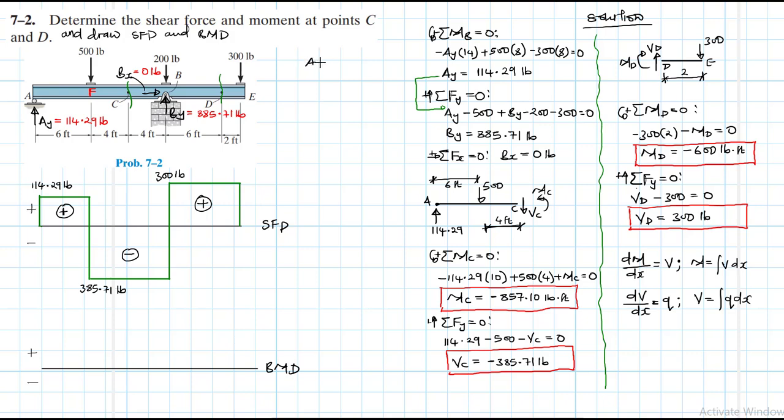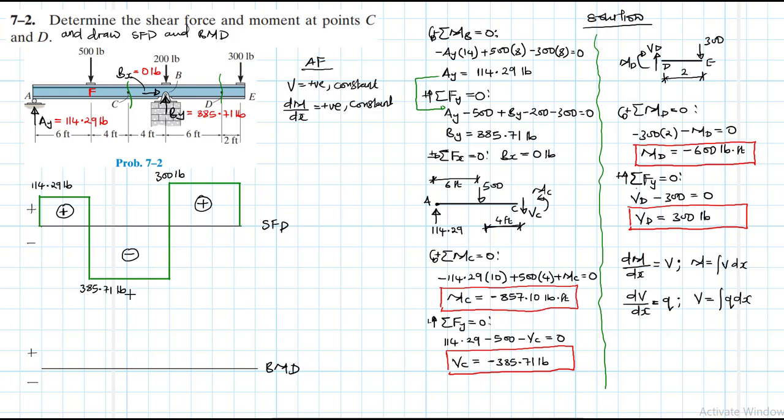So in interval AF, we have shear which is positive and constant. Okay, and then of course the slope for moment, dM/dx, will also be positive and constant. So let's draw that.